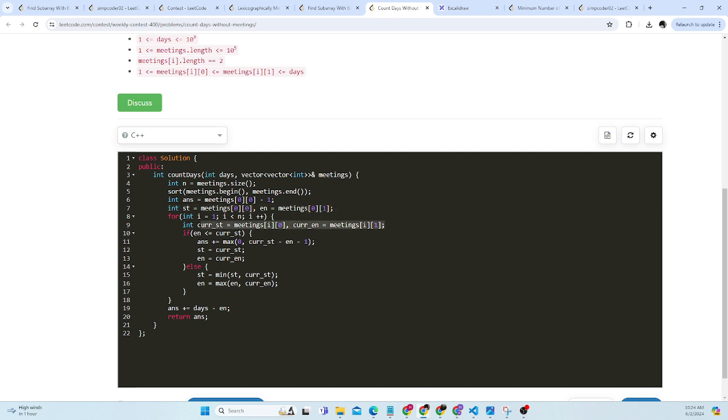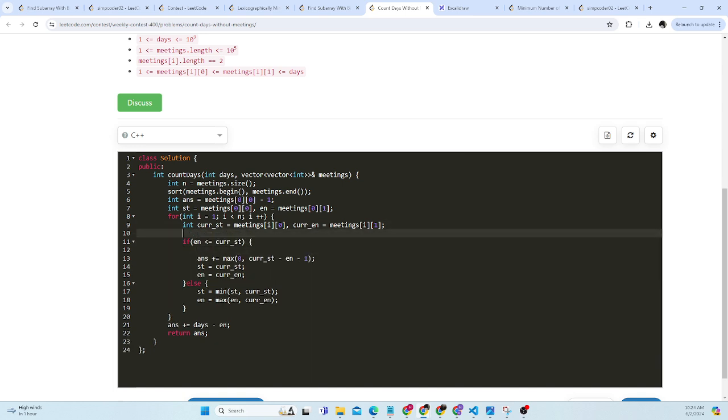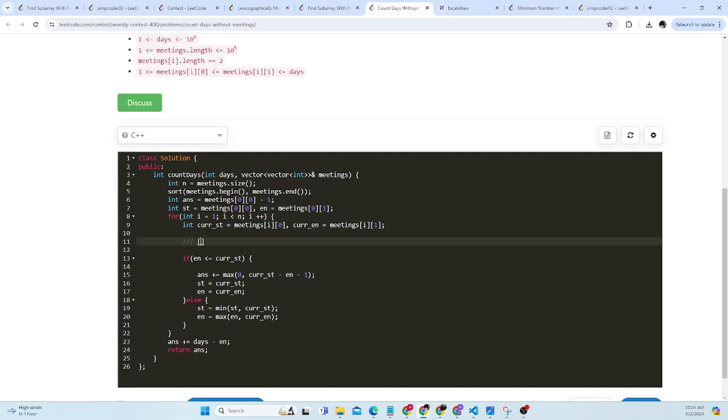Now this is our current meeting we are at. For our current interval, let's say this was our global start and this was our global end, and we encountered a current start and current end.